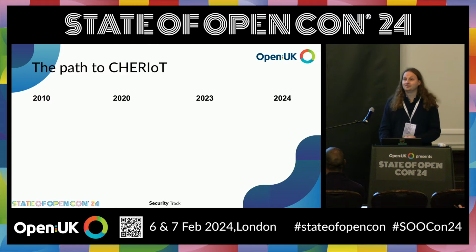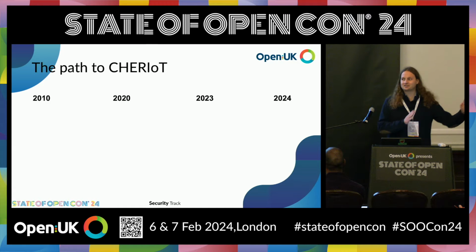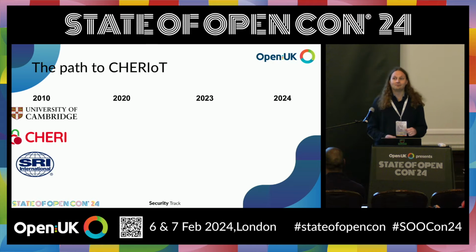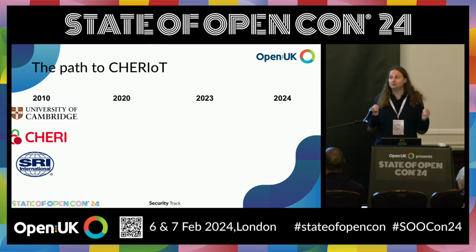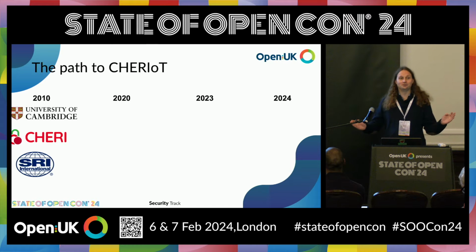How did we get here? It's been a long path, and if you go back to historical capability systems, it starts in the 60s, but I only have half an hour and you're all eager for lunch, so I won't go all the way there. In 2010, DARPA put out a call which was fantastic, saying, if you could change anything you like in the hardware-software stack to improve security, what would you do?